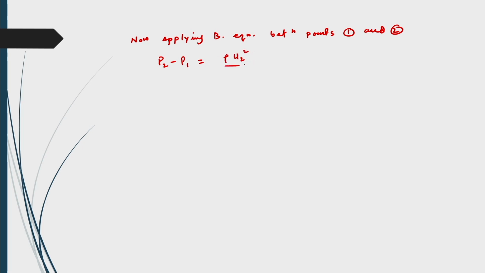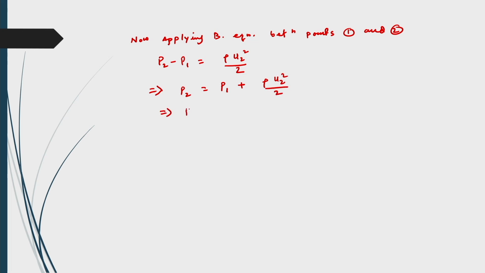Now, applying Bernoulli's equation again between points 1 and 2, we get P2 minus P1 as minus rho U2 square by 2, which implies P2 will be equal to P1 minus rho U2 square by 2.